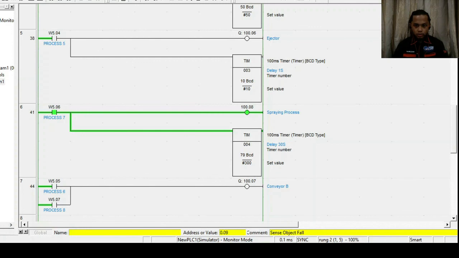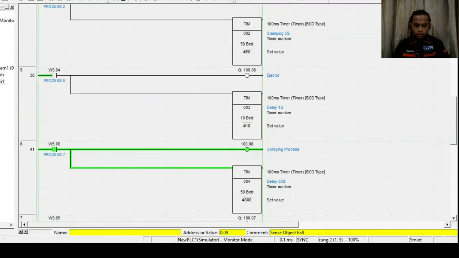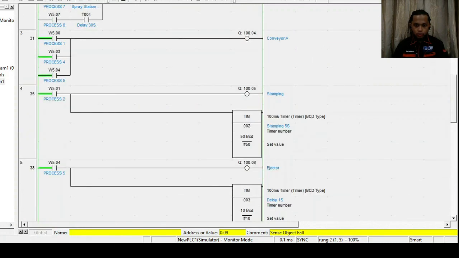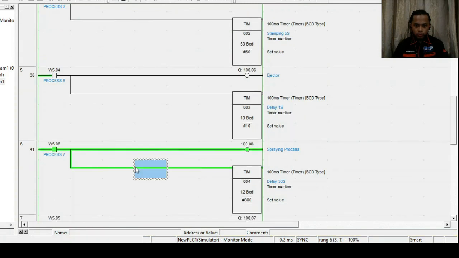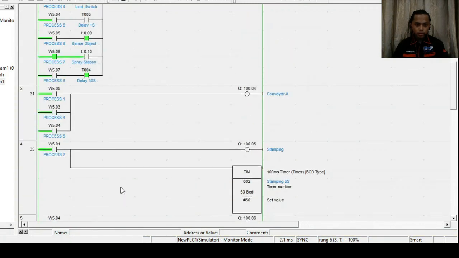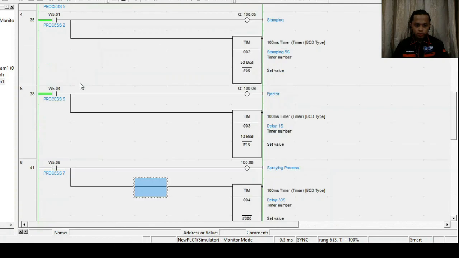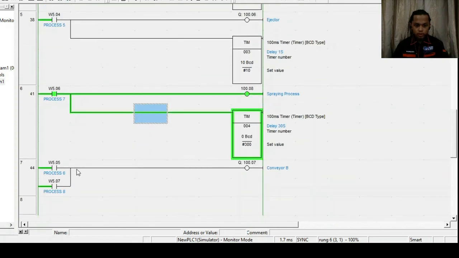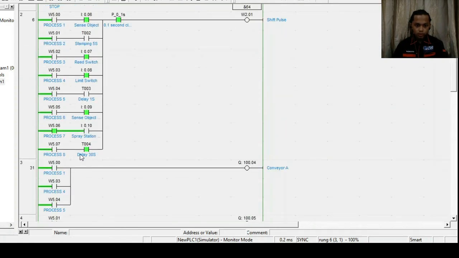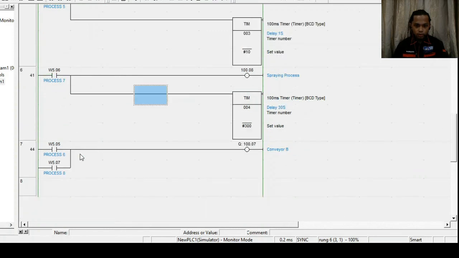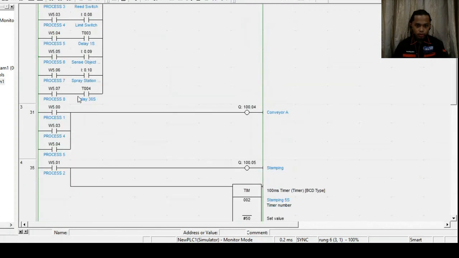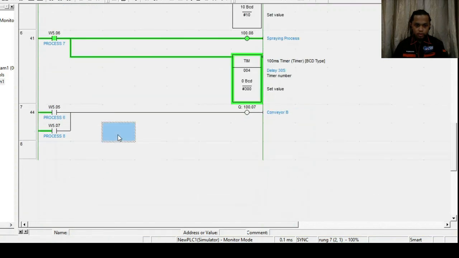Now okay, until the 30 seconds ends, going out to process 8, the conveyor B continues moving. So that's all. Thank you.